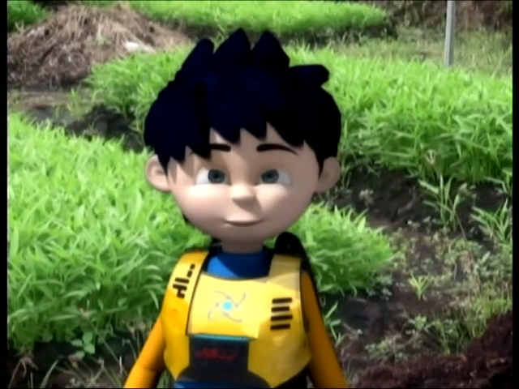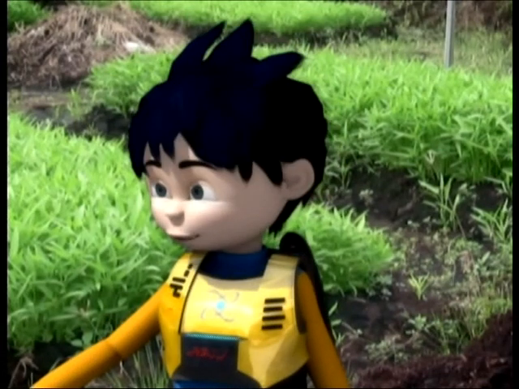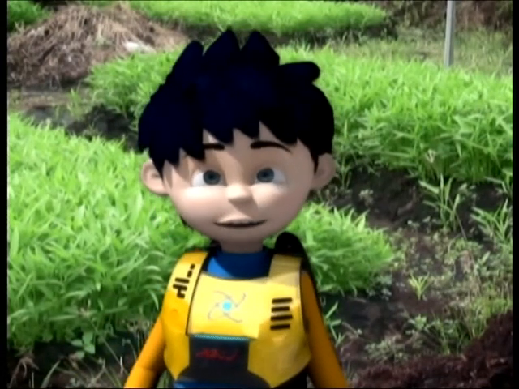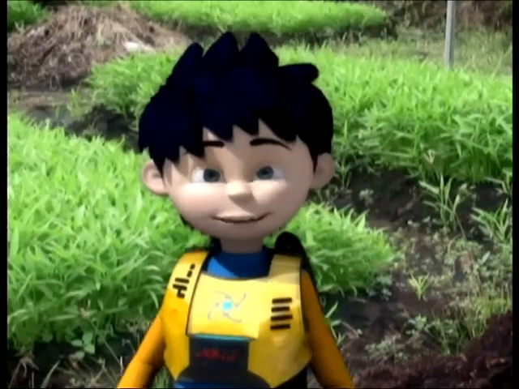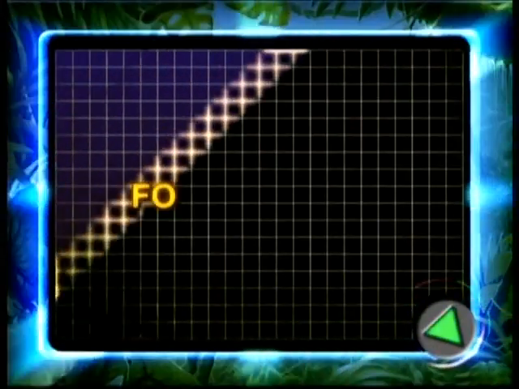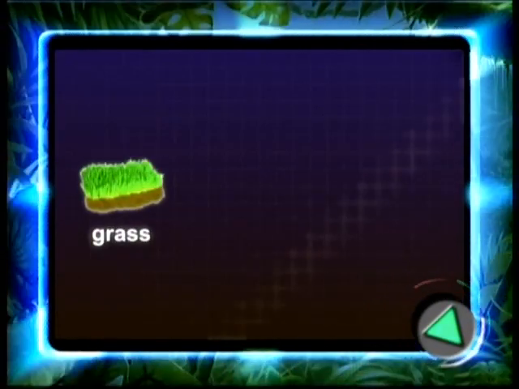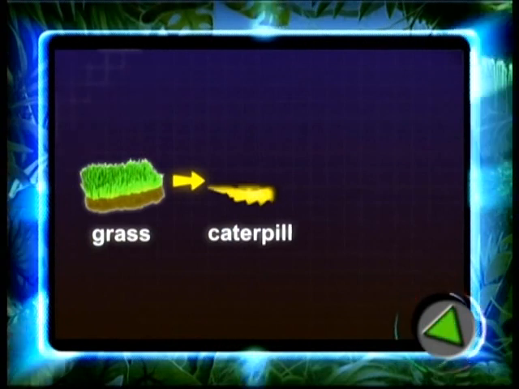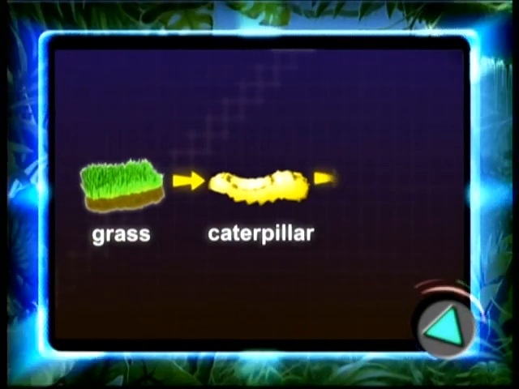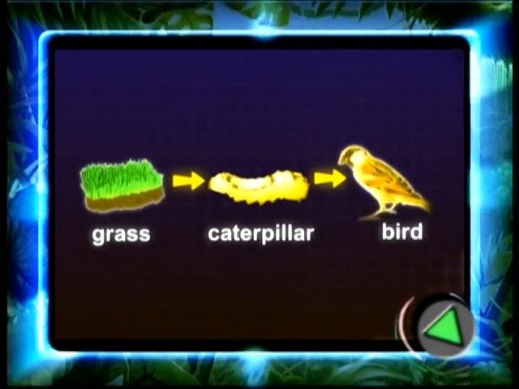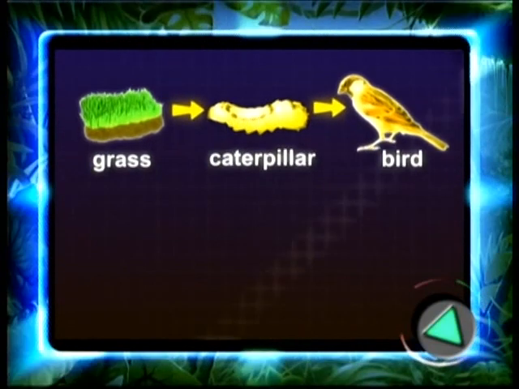One type of food can be eaten by more than one type of animal. Let me explain. This is a chart of two food chains. The first food chain is that of grass. It is eaten by a caterpillar and then it will be eaten by a bird.